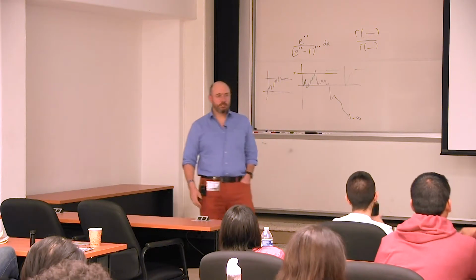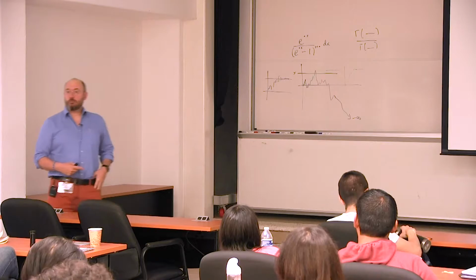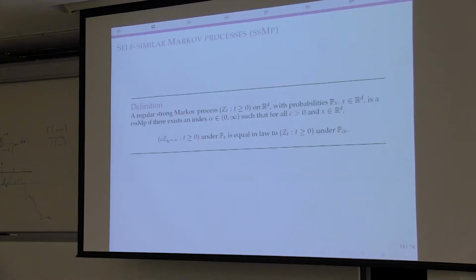So that was a whole course condensed into 10 minutes. So now let me tell you about self-similar Markov processes. So all I've done now is, you remember a stable process was the intersection of a self-similar Markov process and a Levy process. Forget the Levy process bit and just say, let's go to high dimension, let's go to R^d. Give me a Markov process, a regular strong Markov process. If you don't know what regular means, don't worry about it.